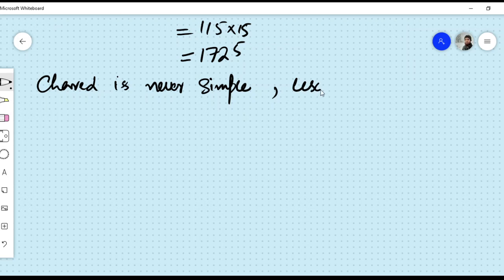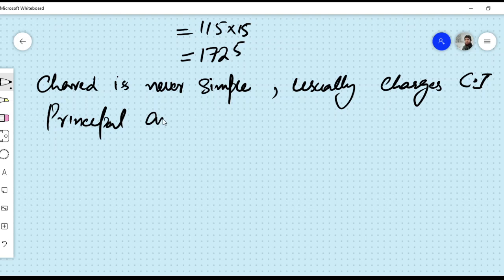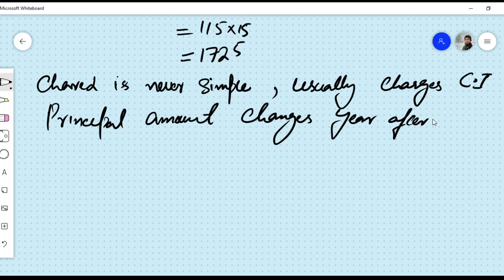Usually all charges are based on compound interest because the principal amount changes year after year, or I can say time to time. Principal amount changes time to time.